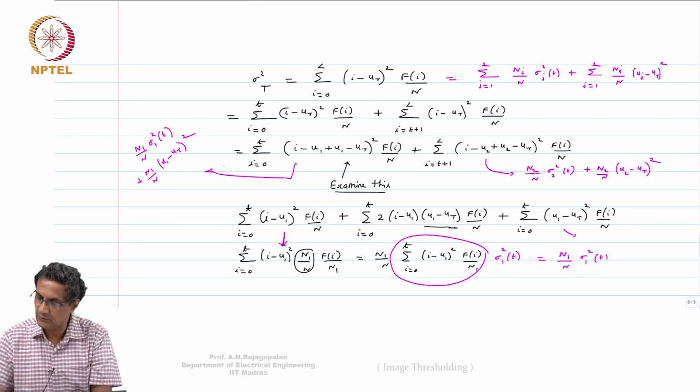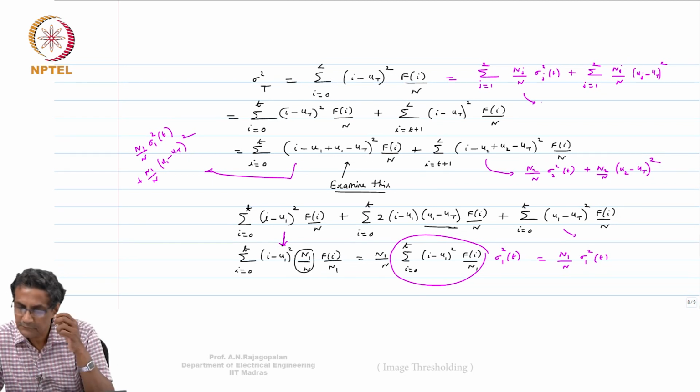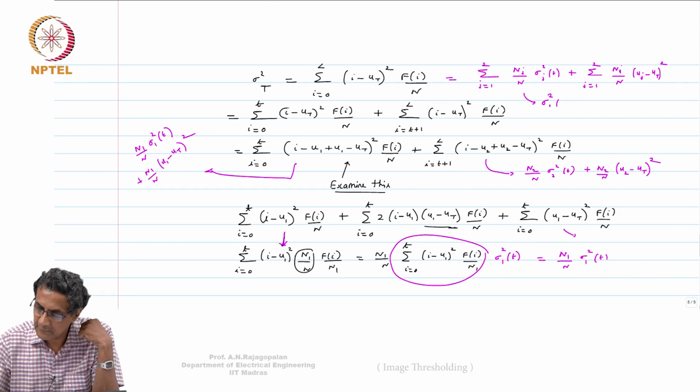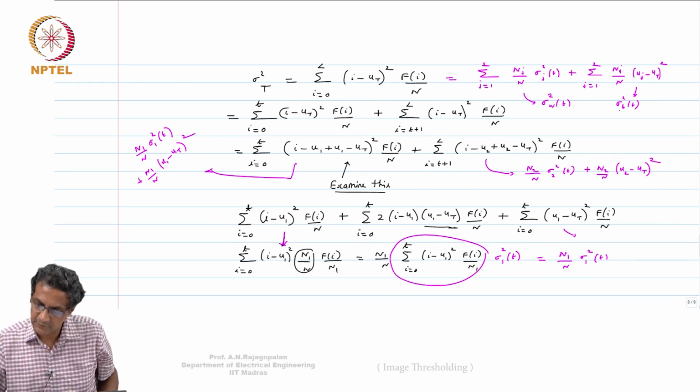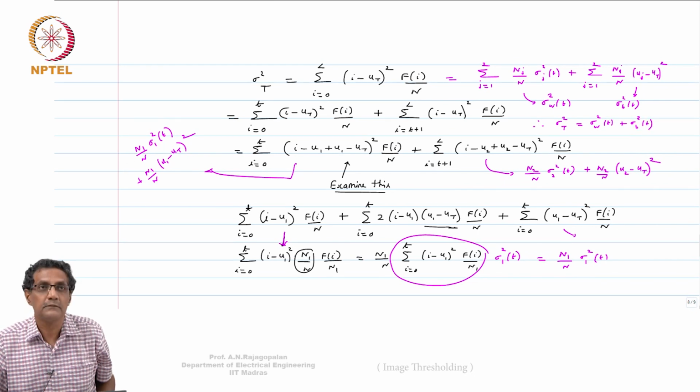So, these two terms come from here, and this we know is nothing but your sigma square w of t, and this we know is sigma square b of t, and therefore it follows that sigma square t is equal to sigma square w of t plus sigma square b of t.